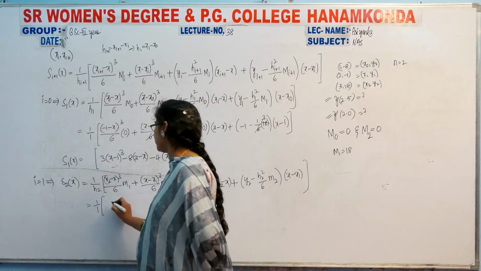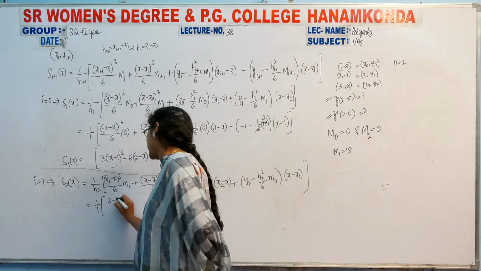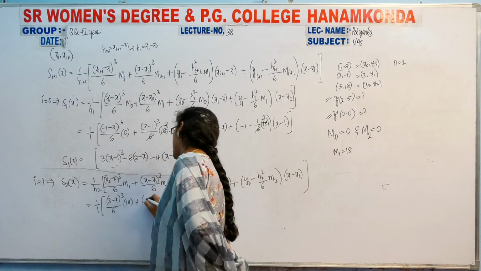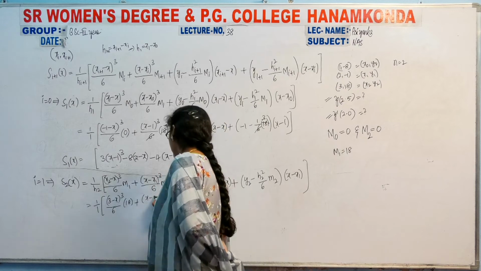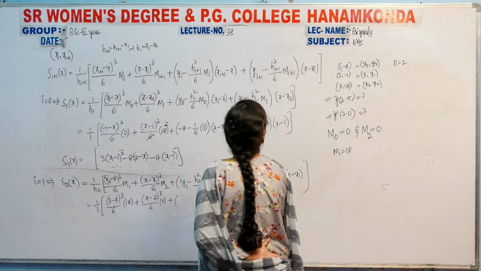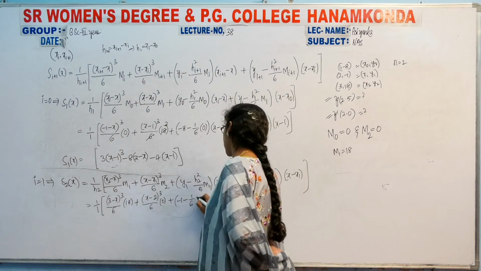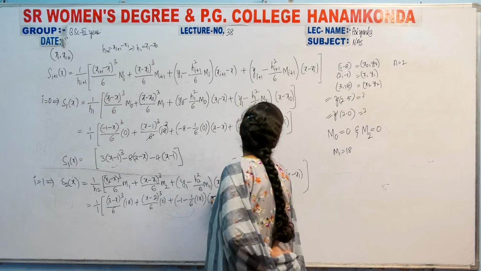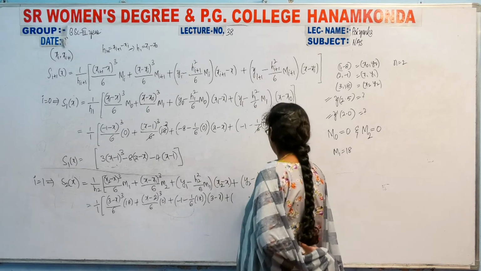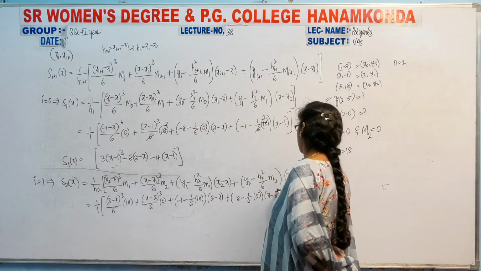So it is nothing but 1 by 1, 1. And what is m1? Of course x2. What is x2 here? 3. (3 minus x) whole cube by 6, m1 is 18, plus (x minus x1, which is 2) whole cube by 6 into 0, plus y1 minus 1 by 6 m1 into 18, (x2 is 3 minus x), plus y2 18 minus 1 by 6 into 0, (x minus x1 is 2).